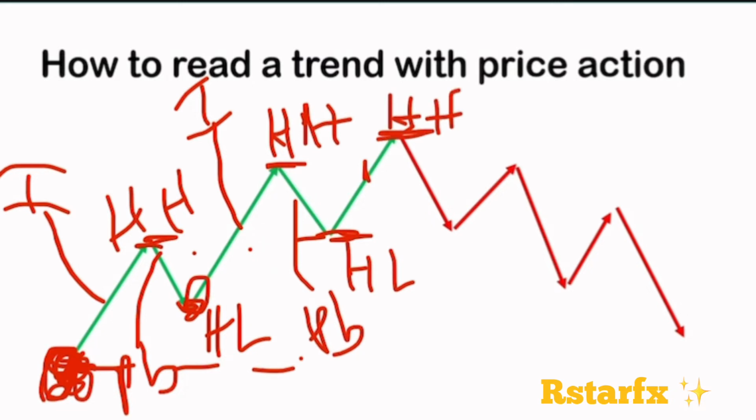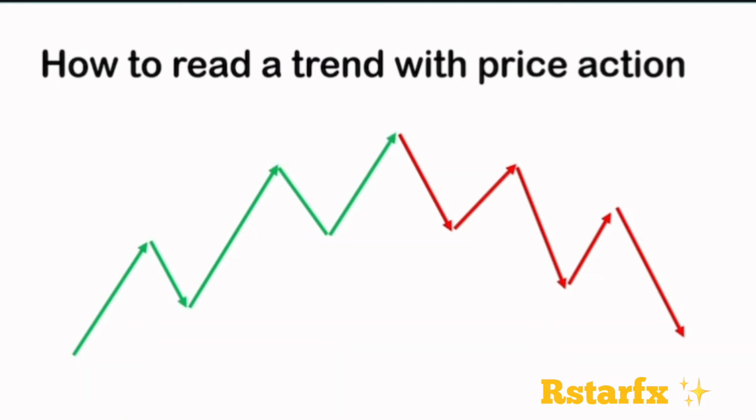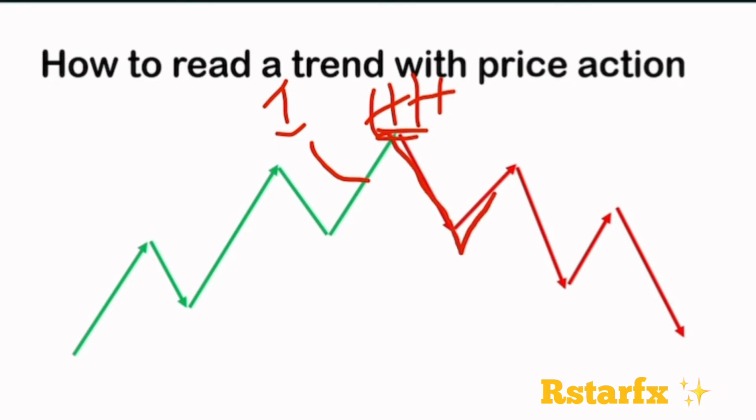Now let's go down to the downtrend. As we said earlier, we have an impulse that gives us a higher high over here. Now for a downtrend, we should have something like this. Sorry guys, it should be something like this, because we need to break this previous low to consider it a downtrend.